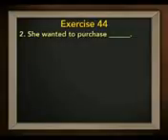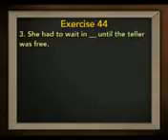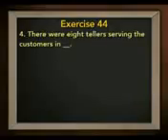Second sentence, she wanted to purchase blank, and she wanted to purchase them, you wrote. Next, she had to wait in it, for a line, until the teller was free. Good. 4, there were 8 tellers serving the customers in it, the bank, right?